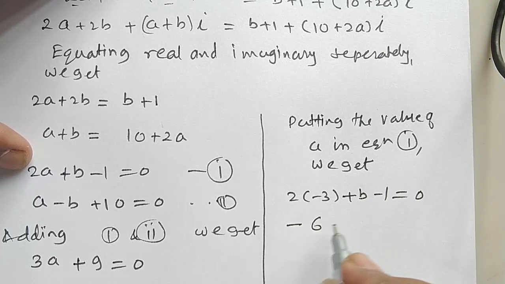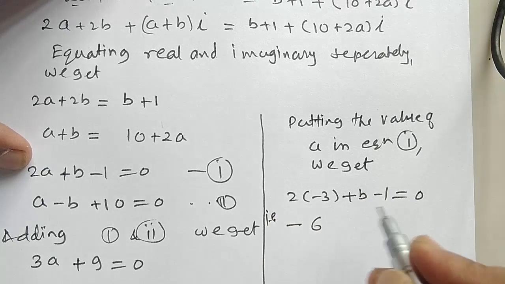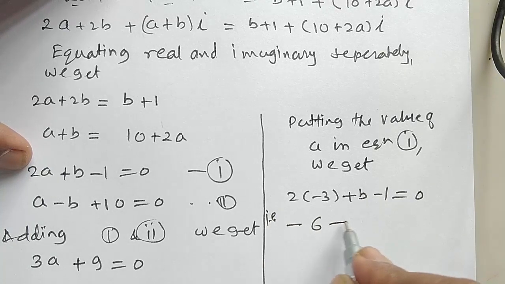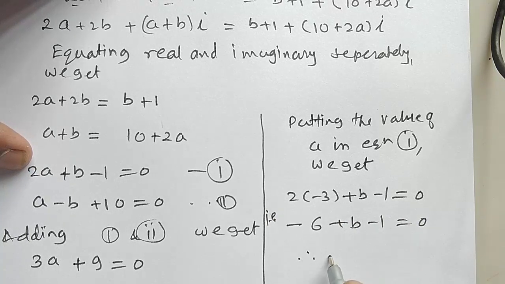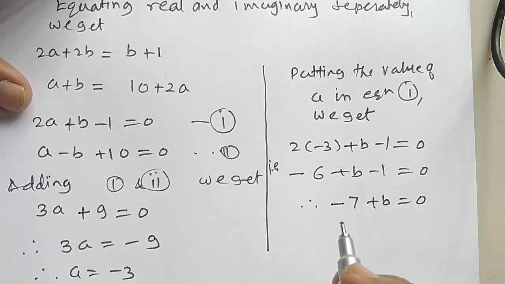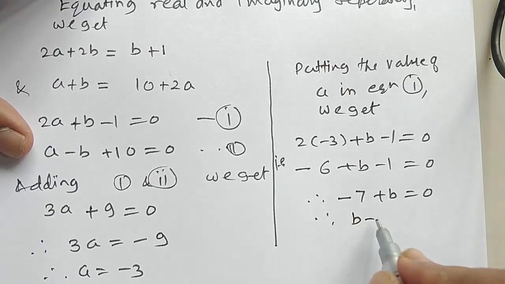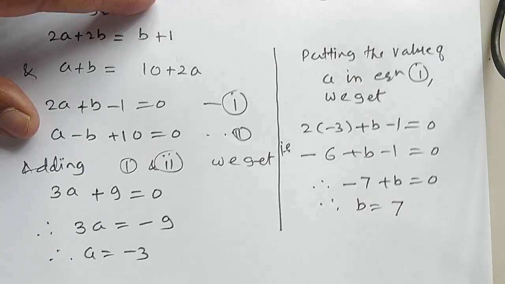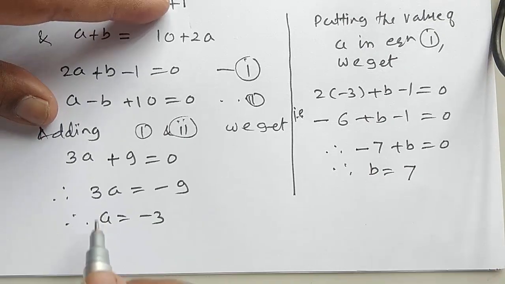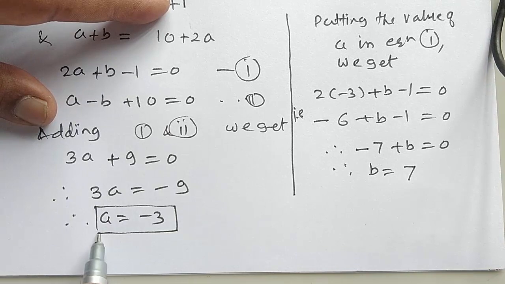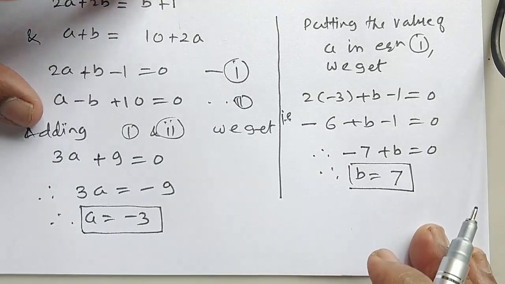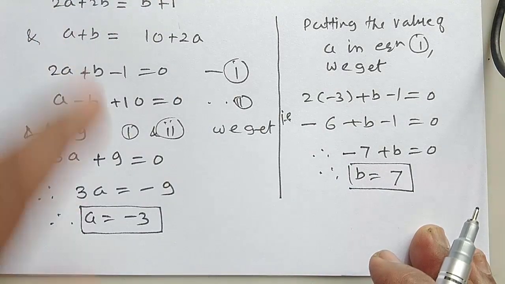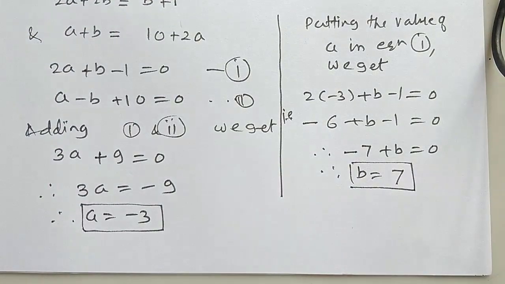That is minus 6 plus b minus 1 is equal to 0. Therefore, minus 7 plus b is equal to 0. Therefore, b is equal to 7. So, we got the values a is equal to minus 3 and b is equal to 7. In this way, we can find the values of a and b.